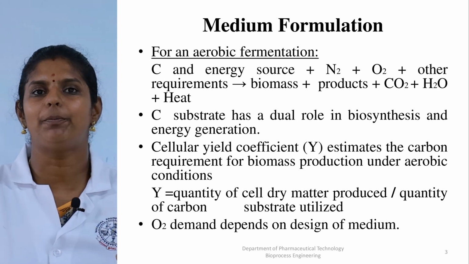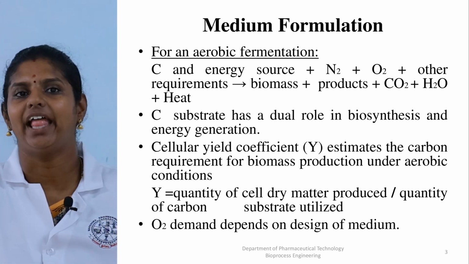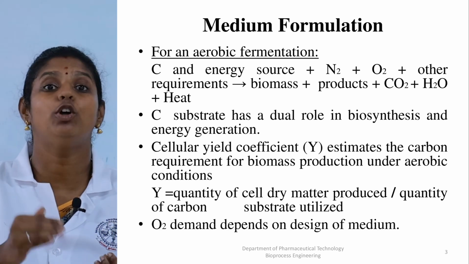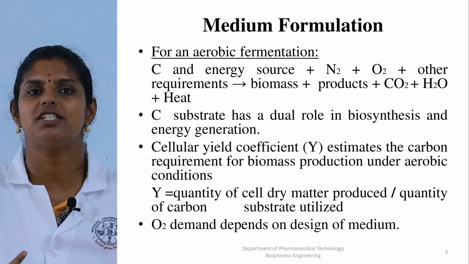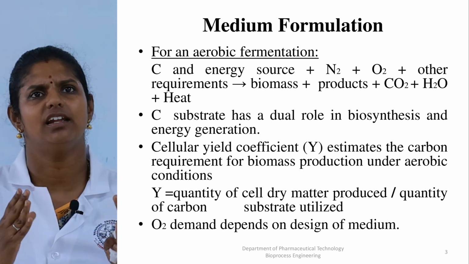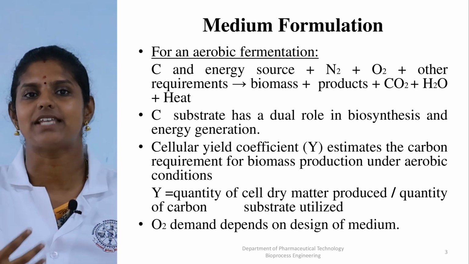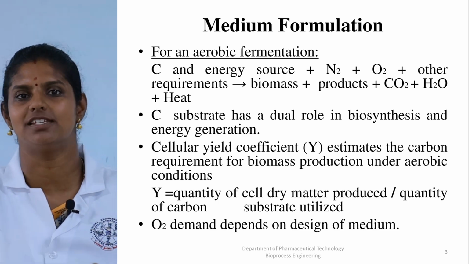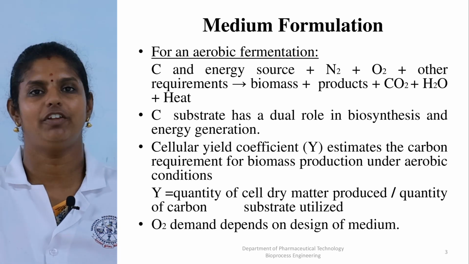At the end of the process we check the yield of the cellular coefficient, and the yield is calculated from the amount of dry matter produced with respect to the carbon which is utilized. Since it is an aerobic process, the oxygen demand should be calculated before we start the industrial fermentation process, and that depends on the design of the media.